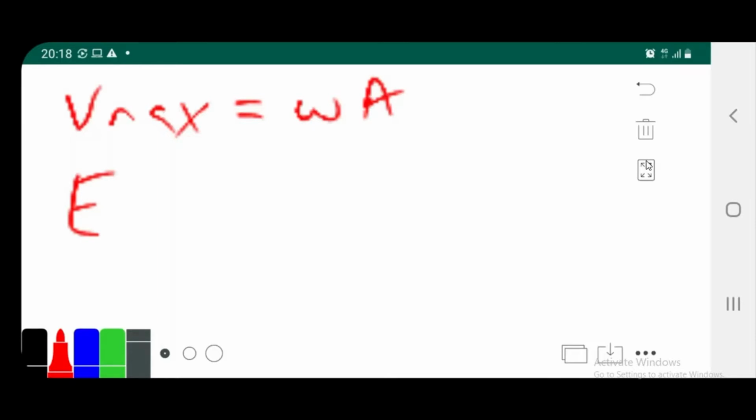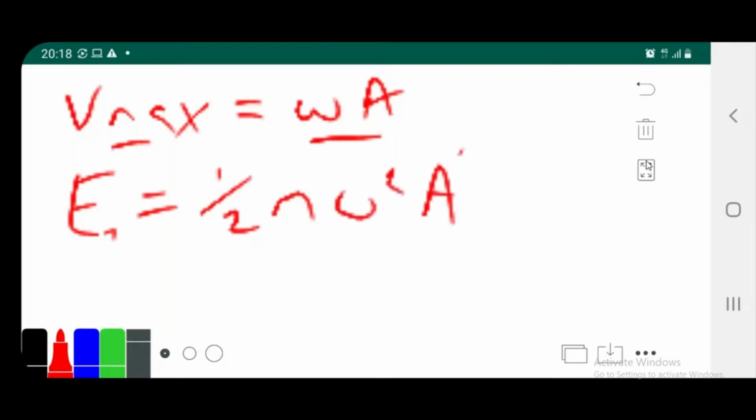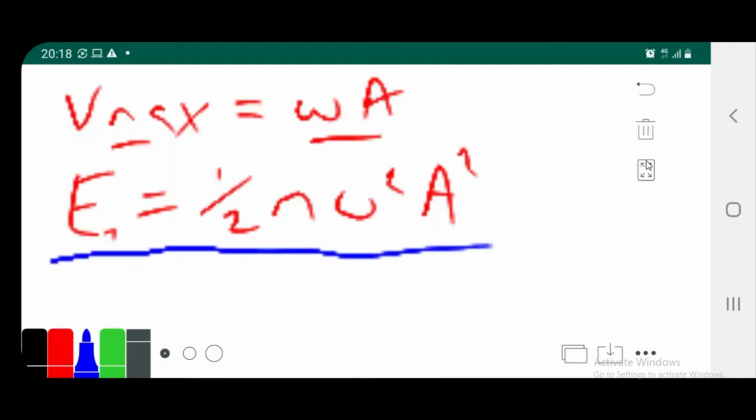In that case, we can say the total energy of the system, E T, is half m v squared. That's when v is going to be maximum, and v squared is going to be this term squared, so we get half m omega squared a squared. That's another key equation we need to know: the total energy in a system in simple harmonic motion.